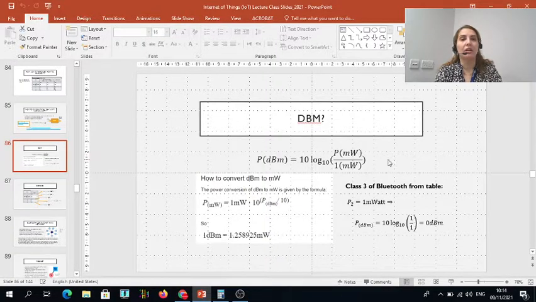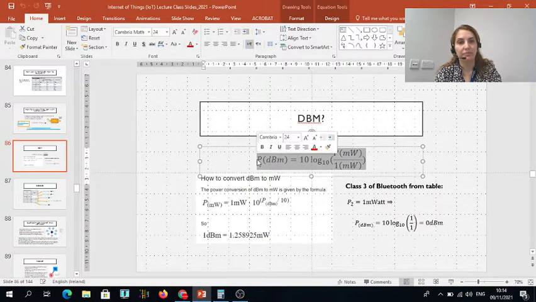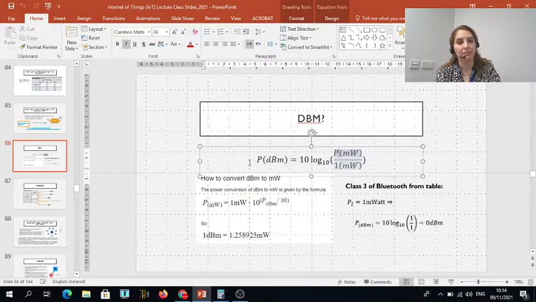So I'm going to use this equation. I have the 1 here because I want dBm. I'm going to put the other one from the table for the maximum permitted power instead of the P, and I'm going to calculate that.